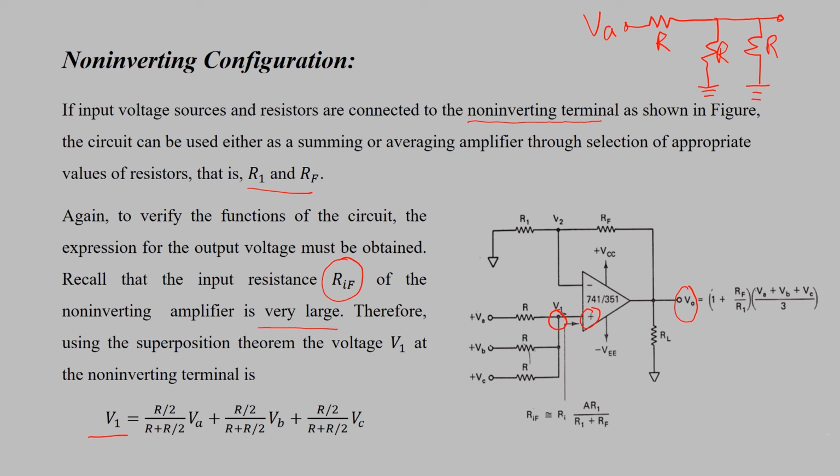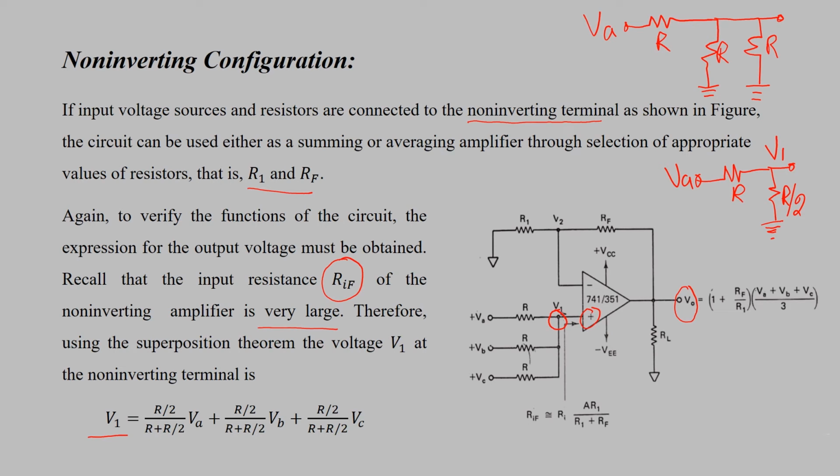So this will make R connected to this terminal, V1 and a resistance R by 2 also connected to ground.